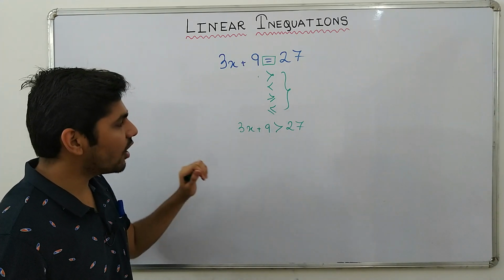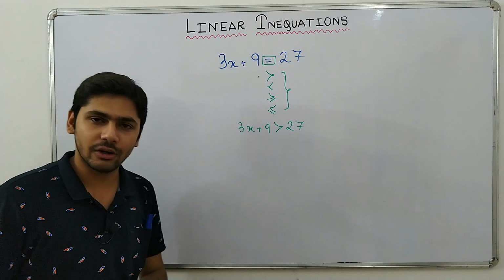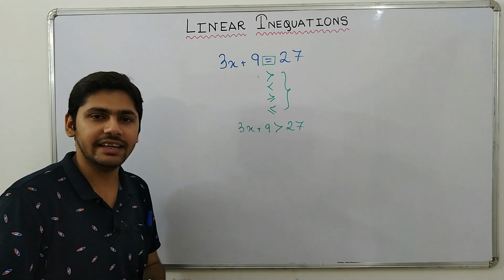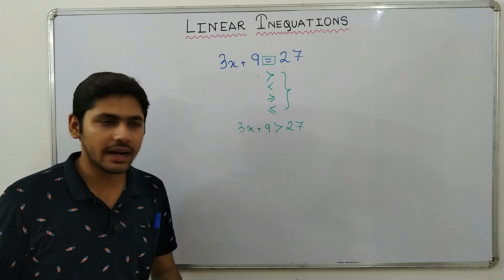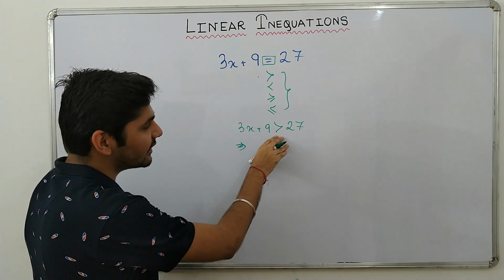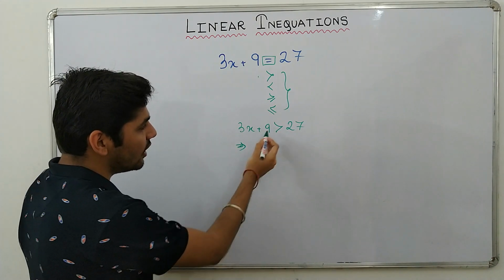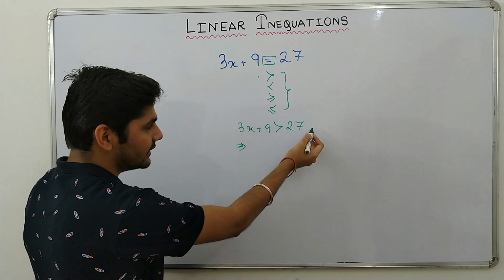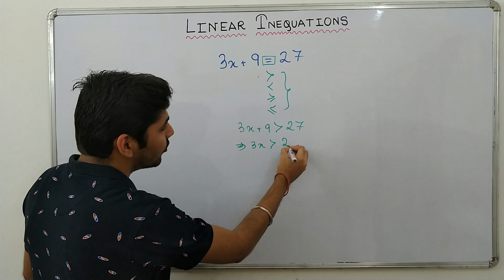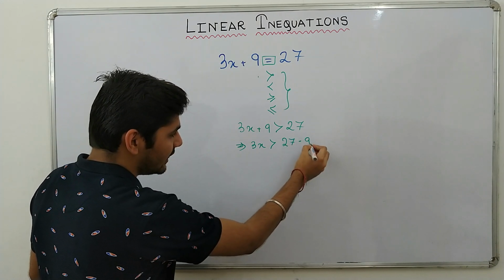Now, how do we solve this particular linear inequation? We solve it in the same way we solve a linear equation. So let's do that. We have 3x plus 9 greater than 27. First of all, 9 will go to the right hand side. So we will have 3x is greater than 27 minus 9.